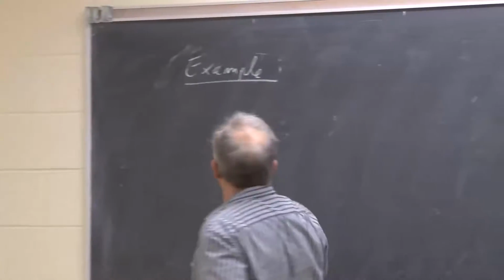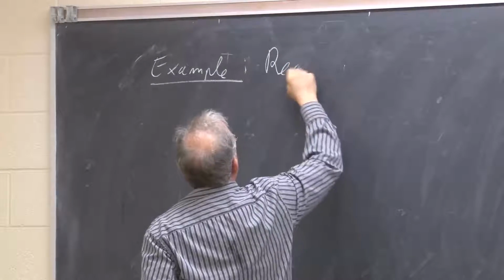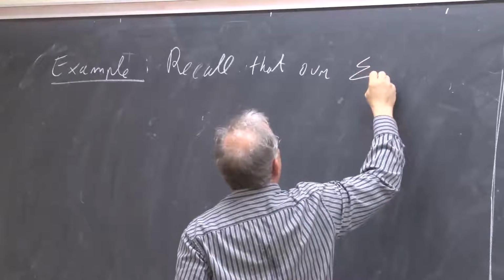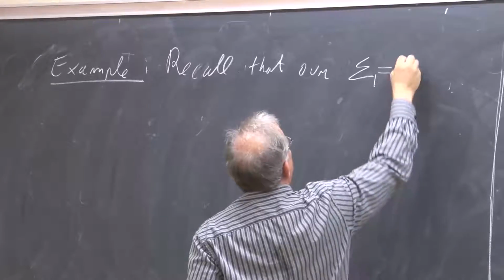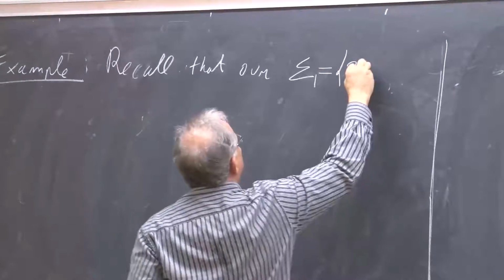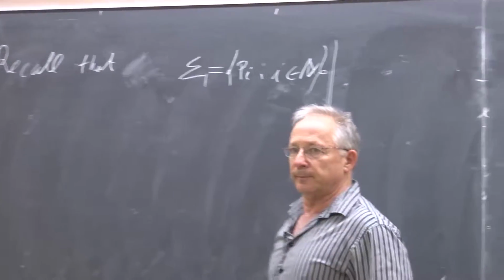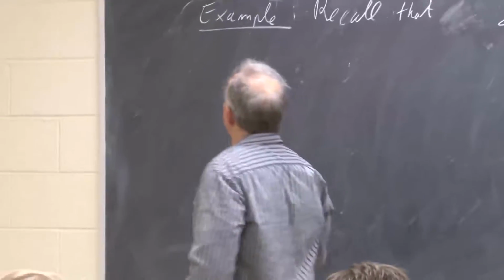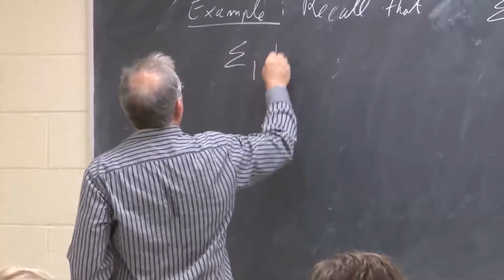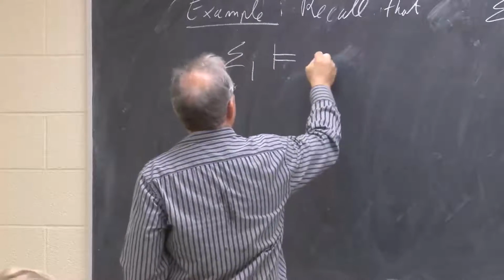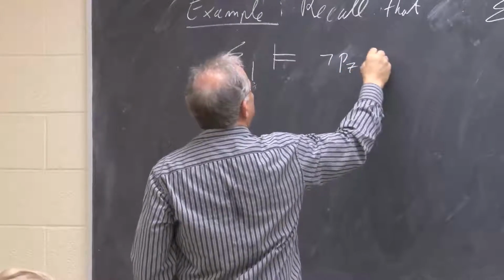Recall that our sigma 1 was the set of all pi such that i is in N. And now I claim that sigma 1 logically implies, say, not P7 arrow P5.